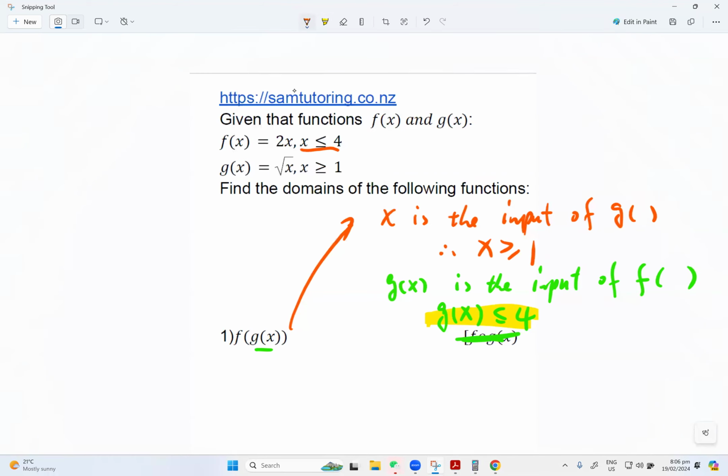If you need to input anything into F, it needs to be less than or equal to 4. Now we have two conditions. This one, if you work it out, square root of x less than or equal to 4, x less than or equal to 16.